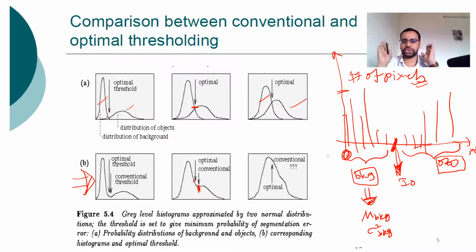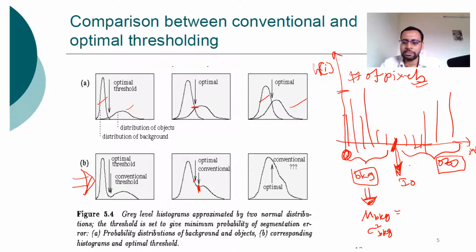I'm just giving you the histogram, which is a kind of summarization of all the intensities that are there in the image. Let me call this h of I for each one, varying from h of 0 to h of I naught.